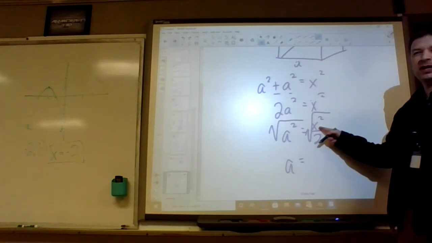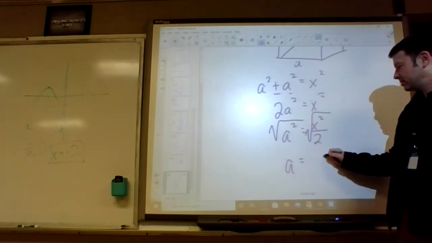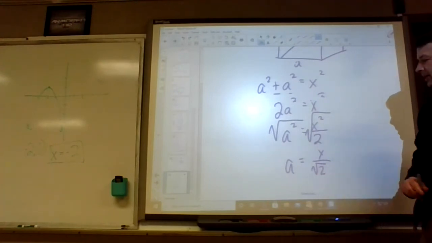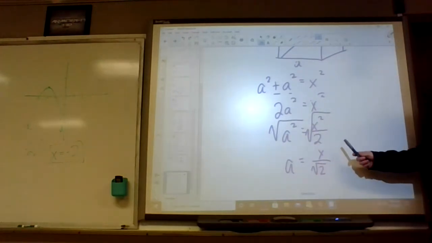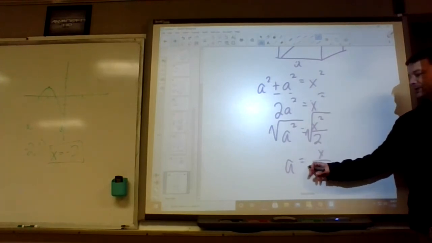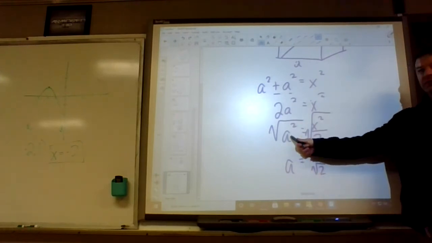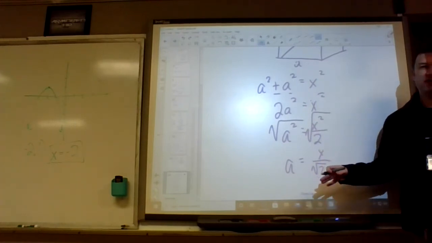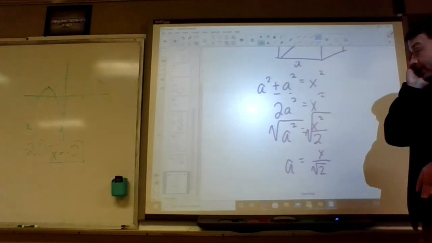What's the square root of x squared? x. What's the square root of 2? Square root of 2. By the way, if this was an algebra problem, you should put positive or negative whenever you use the square root trick. But since a negative length doesn't make sense, you don't have to do that on this one.